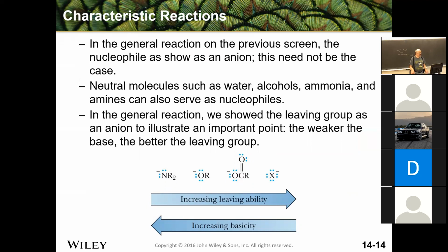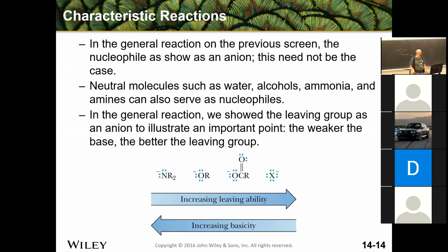Okay, in the general reaction in the previous screen, the nucleophile was shown as an anion. You can also have nucleophiles that are neutral. Examples of neutral molecules include water, alcohols, ammonia, and amines.